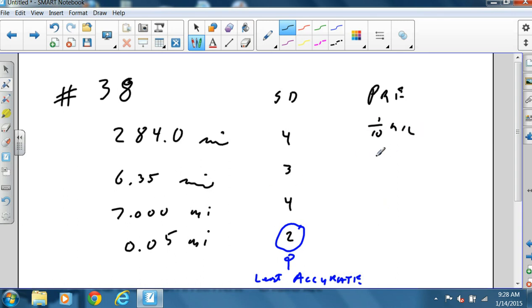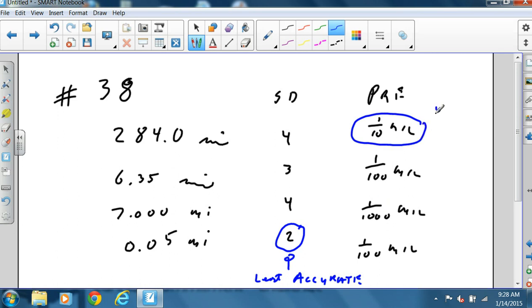Here we have 100th of a mile. Here we have 1,000th of a mile. And here we have 100th of a mile. So the least precise, that one. However you spell precise. Okay, good enough?